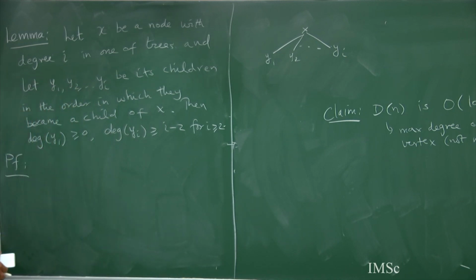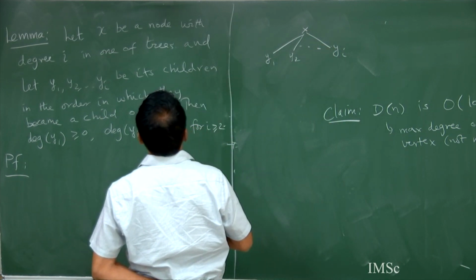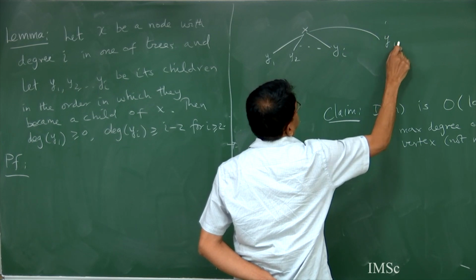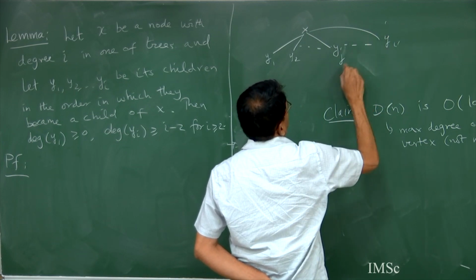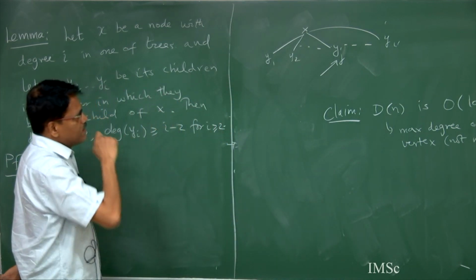Then I claim that in this current tree, the degree of y1 is at least 0, and the degree of yi is at least i minus 2 for i greater than or equal to 2. The degree of y1 being at least 0 is trivial, we are not saying anything. But let's look at some intermediate node yj, j greater than or equal to 2.